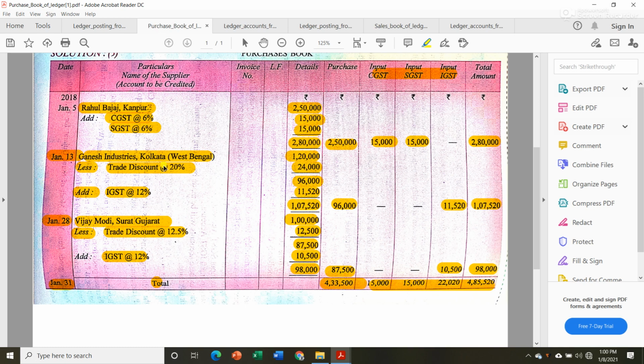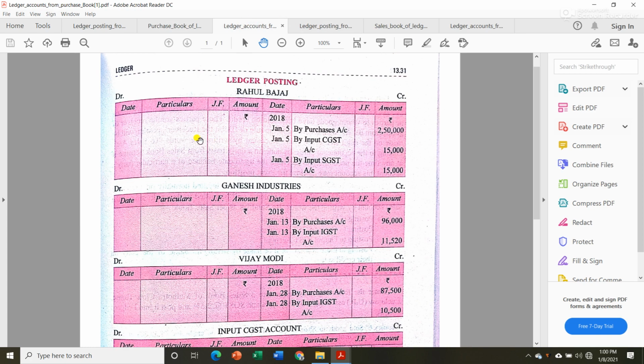See here, how many transactions have you recorded in the purchase book? It's 3. First, second, third. So directly you prepare 3 ledger accounts. Leave some space after preparing the format and prepare 3 ledger accounts.